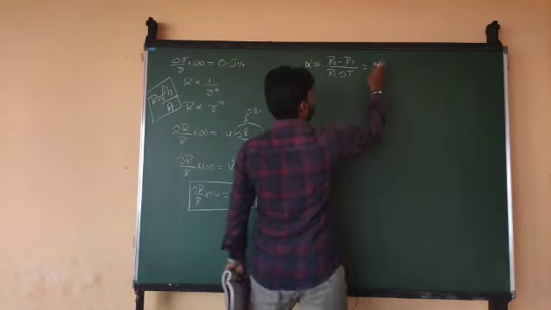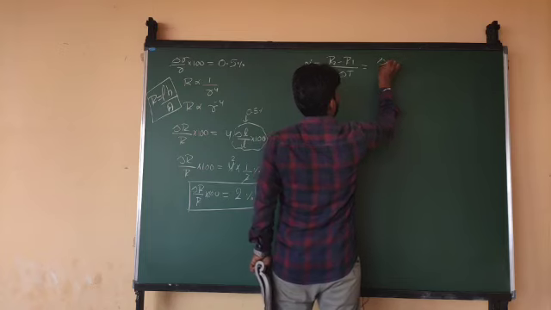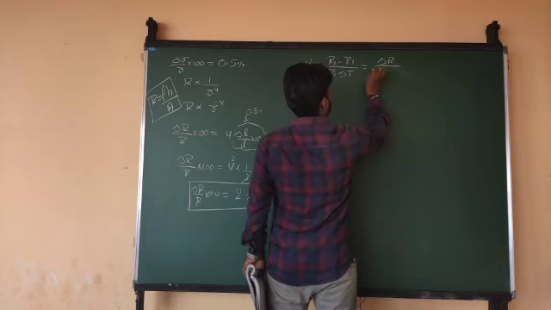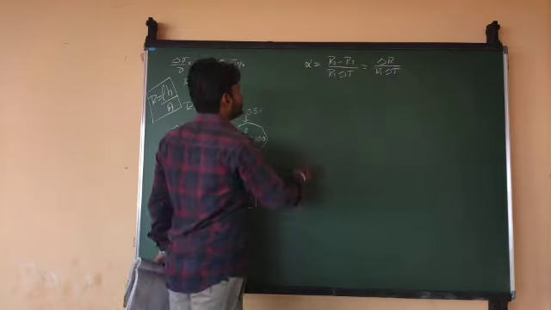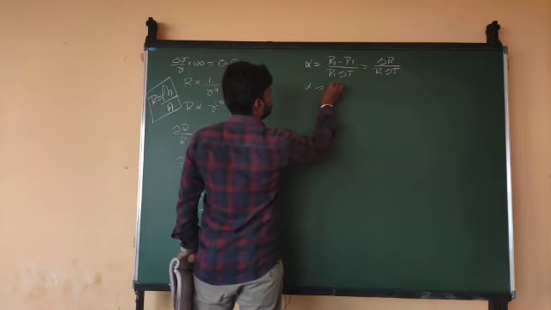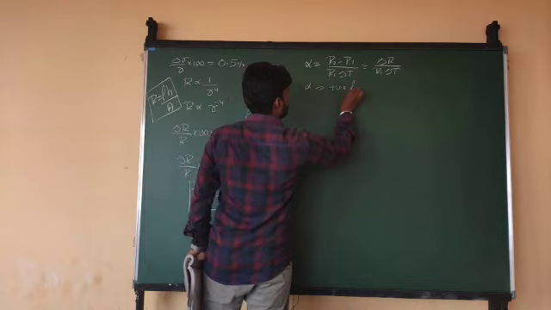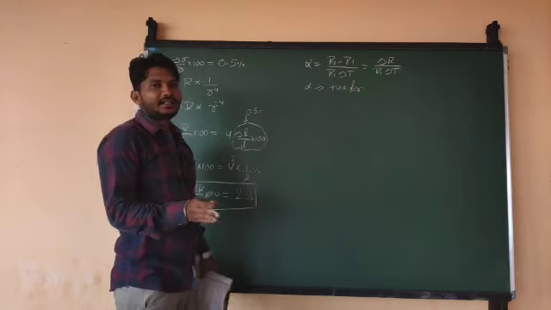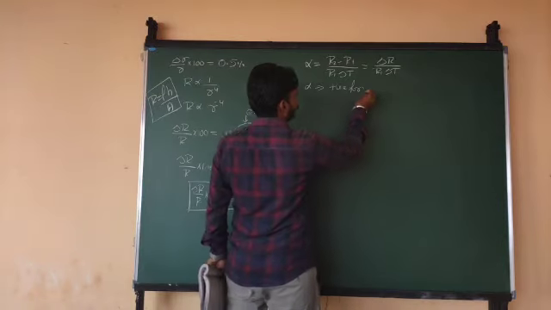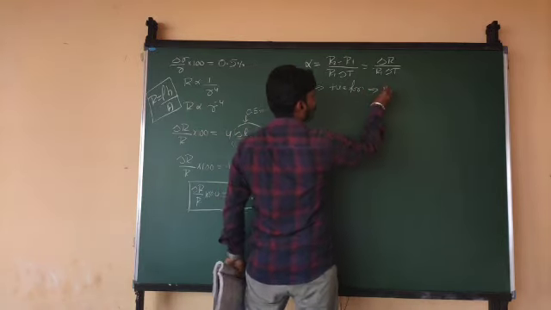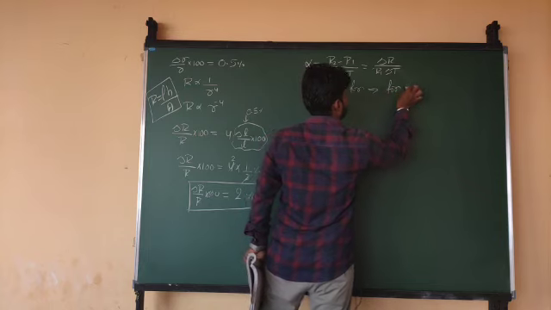It is the change in resistance per original resistance per degree rise in temperature. This alpha value is positive for conductors, and those conductors you can take as linear conductors. So alpha is positive for linear conductors.